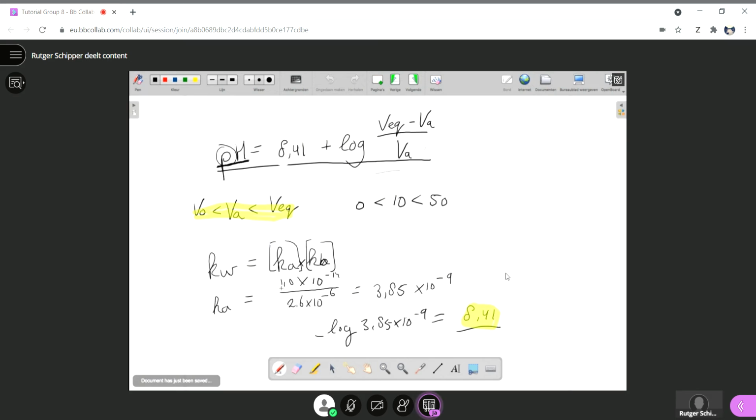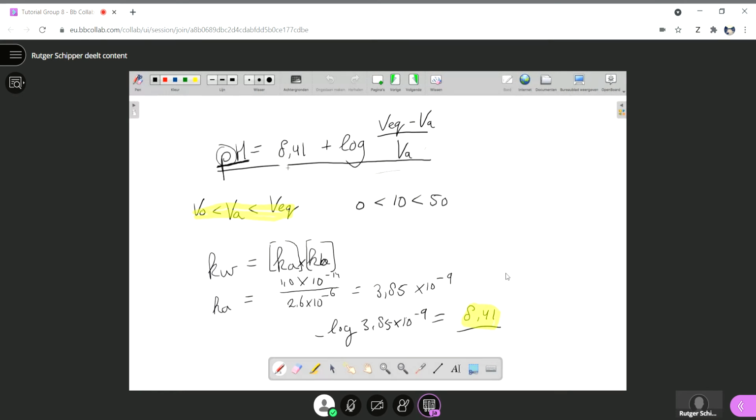And the water constant is always the same, 1 times 10 to the power of minus 14, which gives us the acid constant. Maybe they even give it to you on the exam, but you should be able to calculate it yourselves. So it's listed here, 3.85 times 10 to the power of minus 9. The minus log value of this number is 8.41.